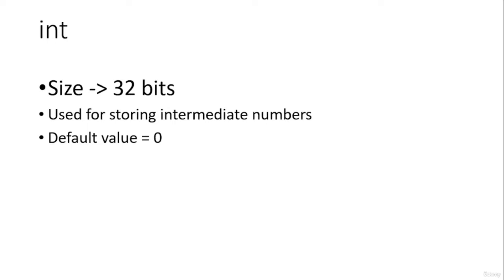Another thing to understand about int is that it can be used in scenarios where we need to store even large numbers. So let us discuss the default value of int. Int default value is 0.